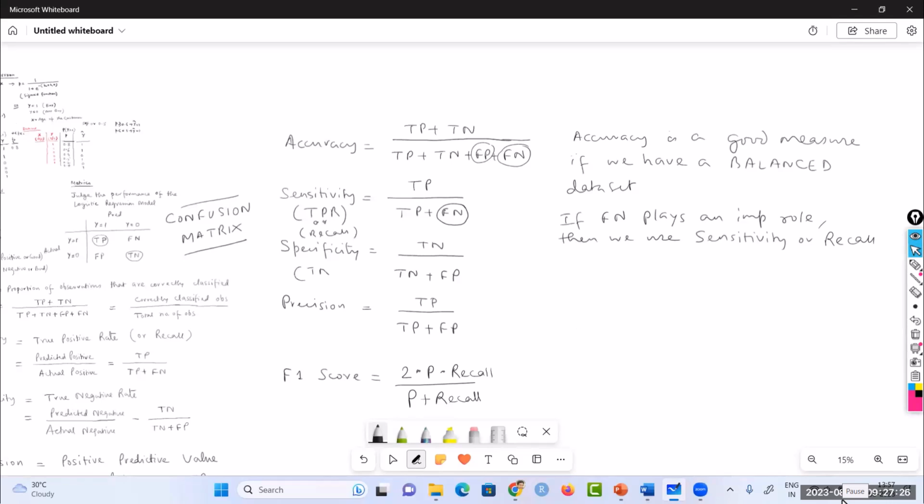Specificity or true negative rate. Okay, so this is not that important. I'll come to this one. So here I have false positive in the denominator. So if false positive plays an important role, then we use specificity.